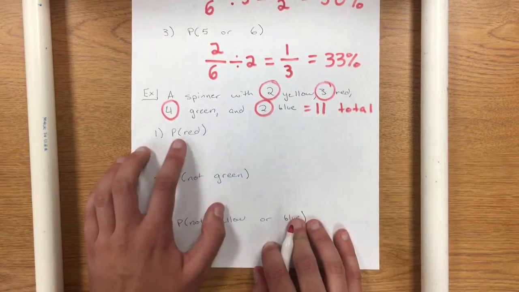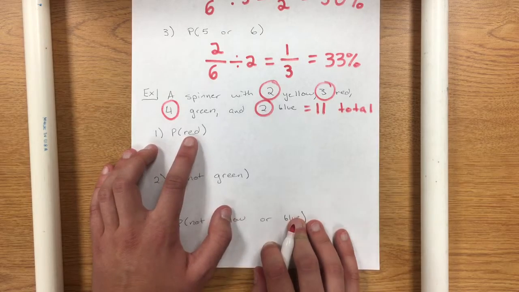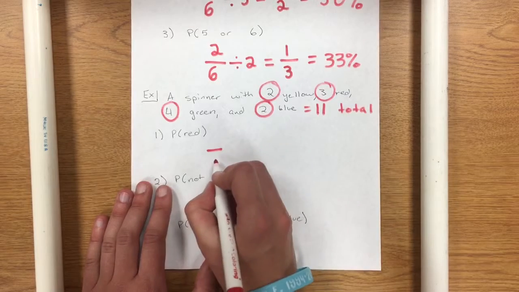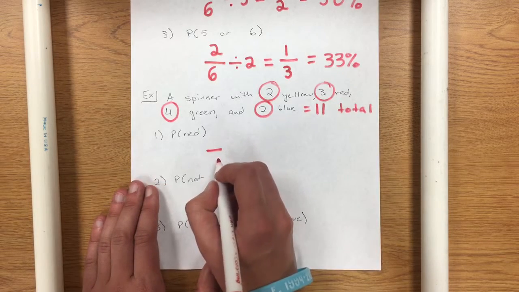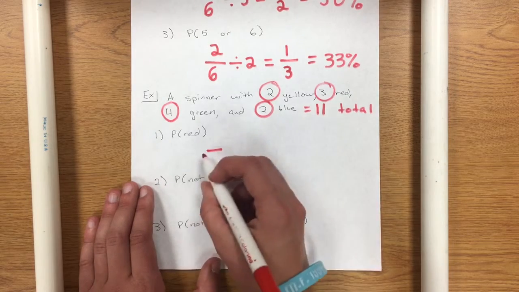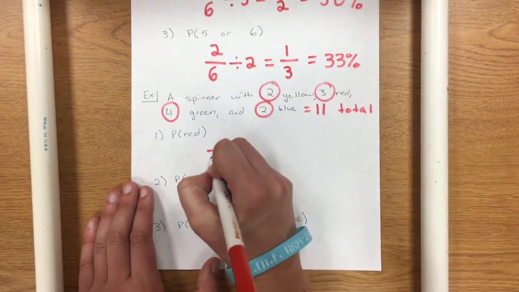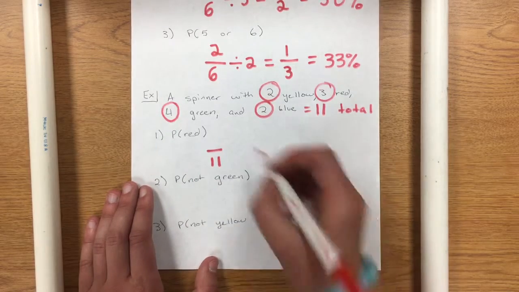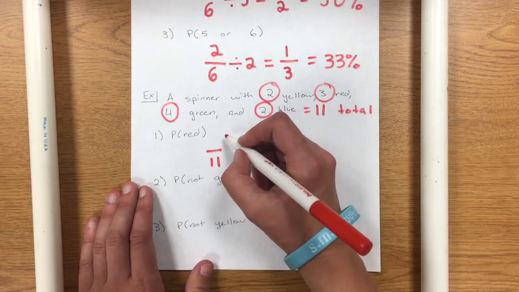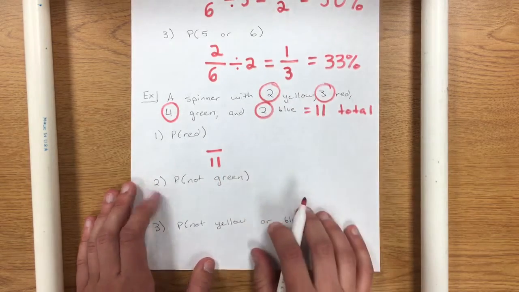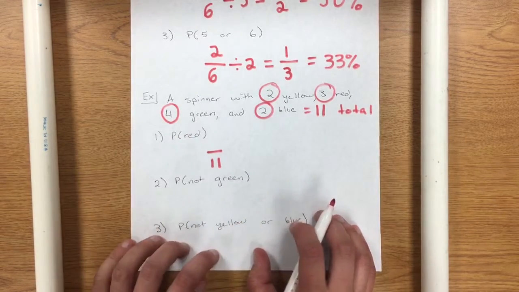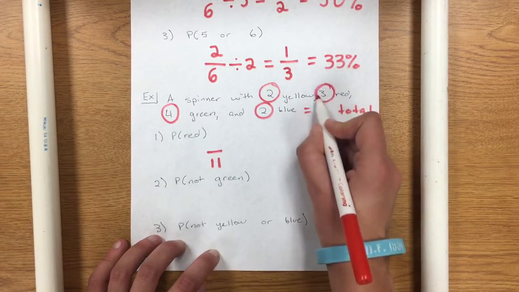All right, so now back to finding the probability of spinning a red. So we're going to have our fraction. Now what goes on bottom? Our total number of possibilities, which is how many? 11. All right, so now what goes on top? The number of ways our outcome can occur, so the number of ways we can spin red. How many options do we have for red on our spinner? 3.